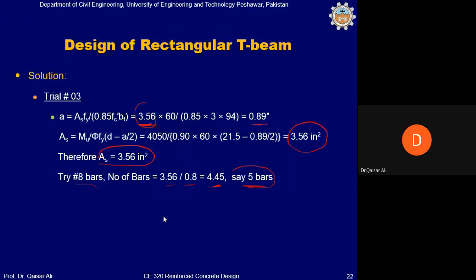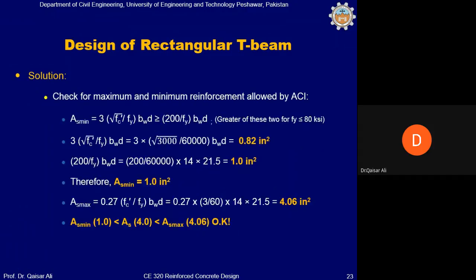Actually the area is now 5 bars. You know that the area of 1 bar is 0.8, so this value is slightly less than the maximum value of AS, which is okay. The maximum value is 4.06, and 4 square inch is less than this, so this is okay.